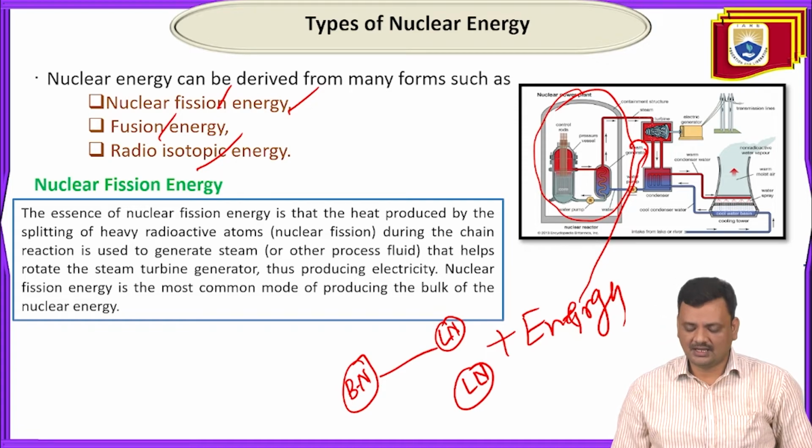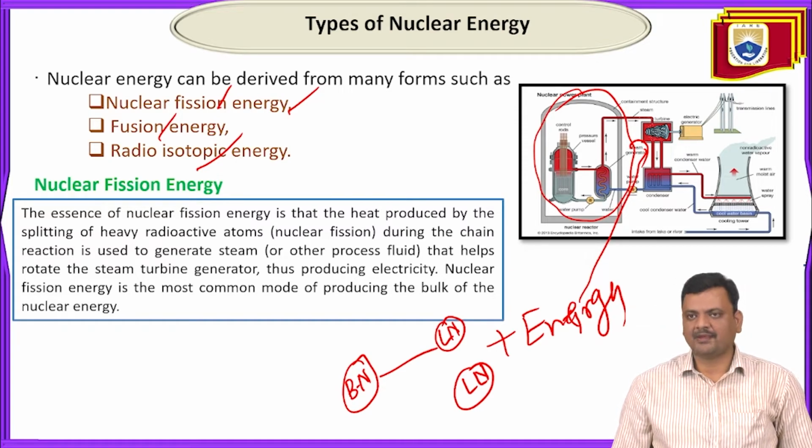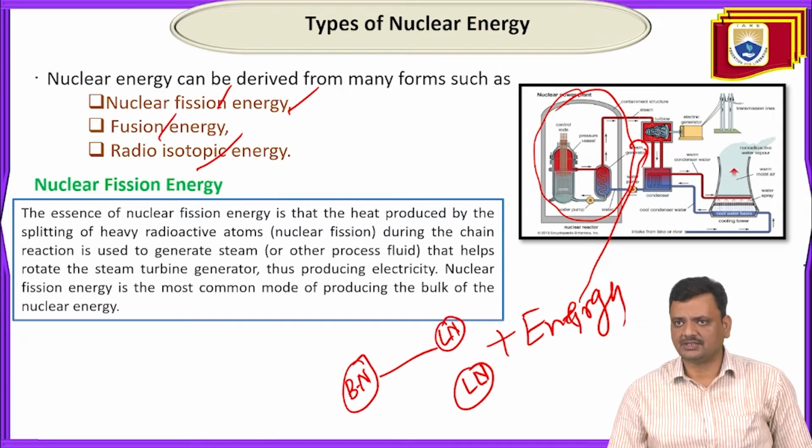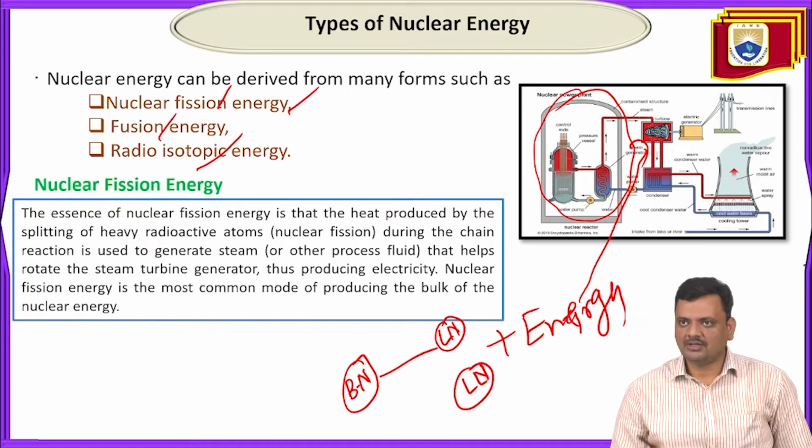The same thing I already elaborated: whatever energy is released during the fission process is utilized by the nuclear power plant to generate electricity.